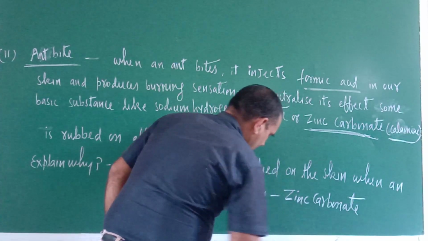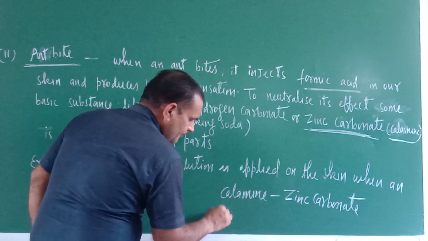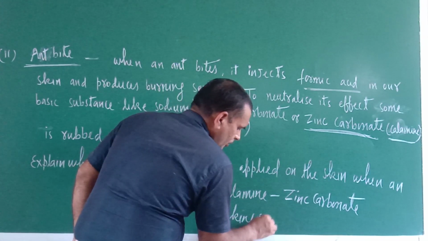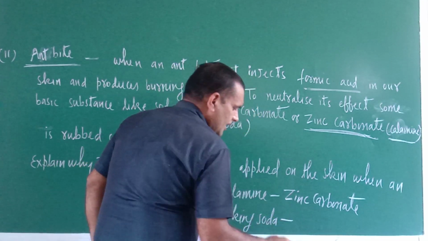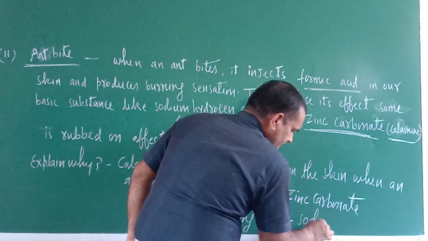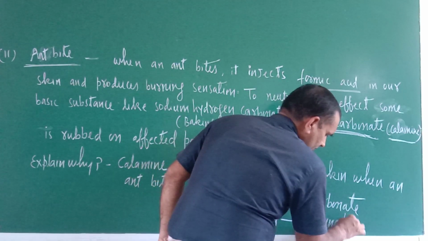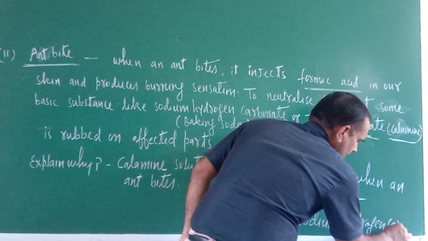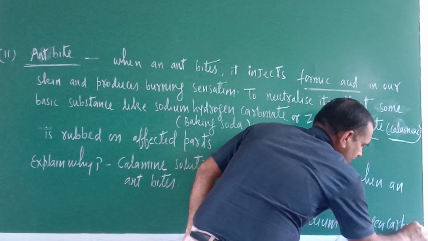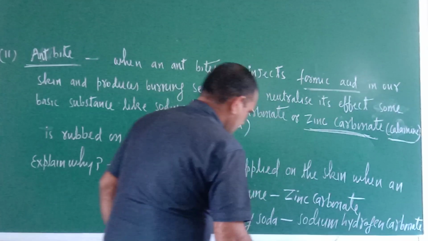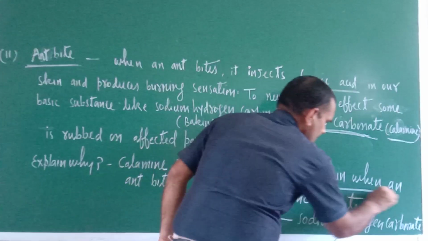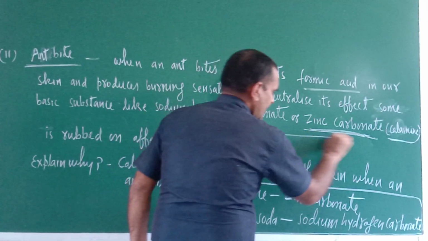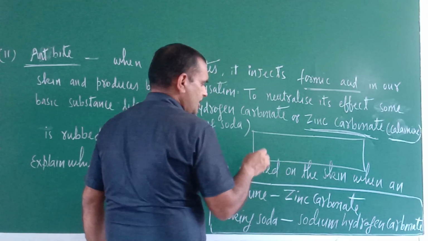And chemically what is baking soda? Note down this one. Baking soda is sodium hydrogen carbonate. There is one more thing. What is milk of magnesia?